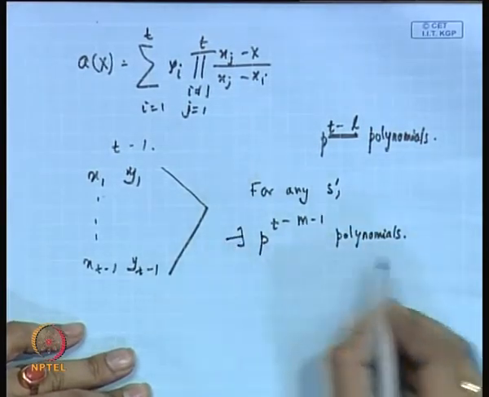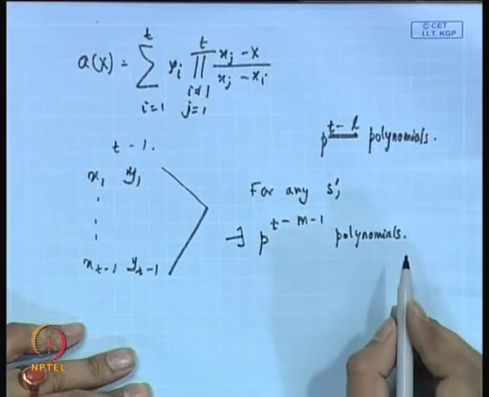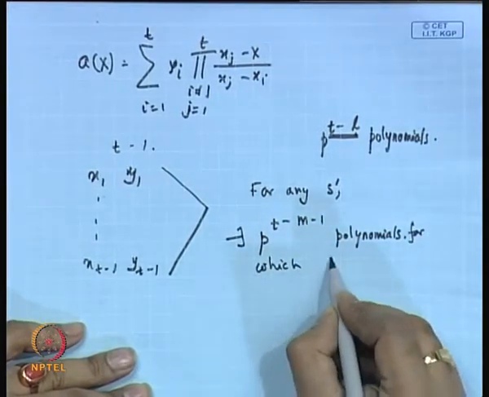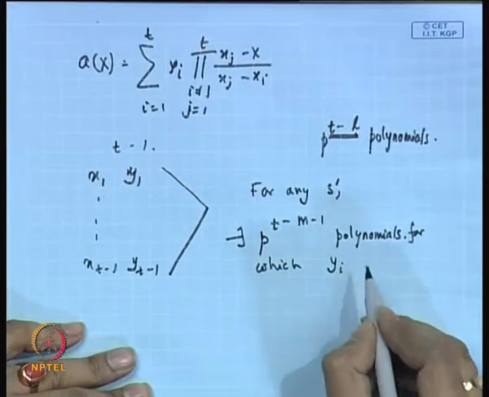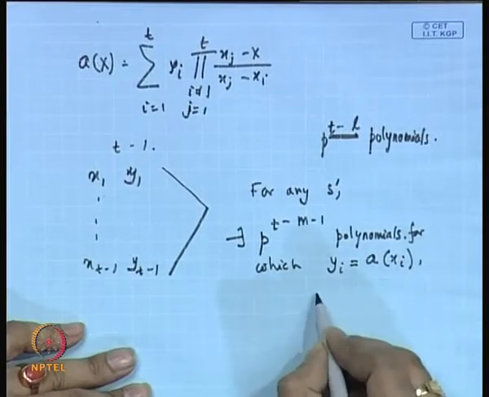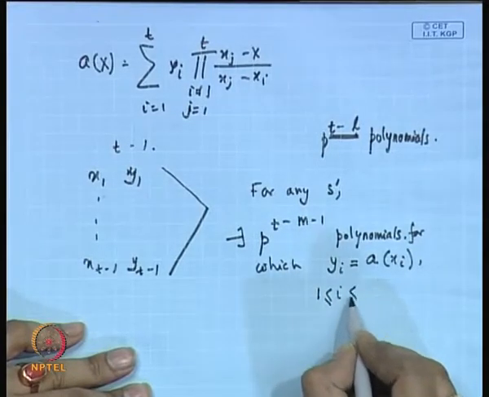There exist p to the power of t minus m minus 1 polynomials for which yi is equal to the polynomial applied at xi, for all i varying from 1 to m.